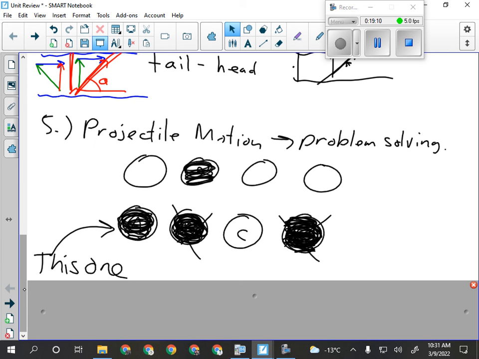Question number 5, velocity versus time graph. And it has an A and a B and a C. Question number 6, your vector component addition question.